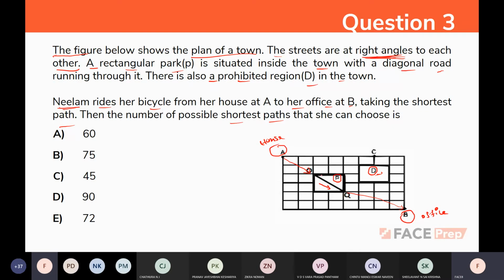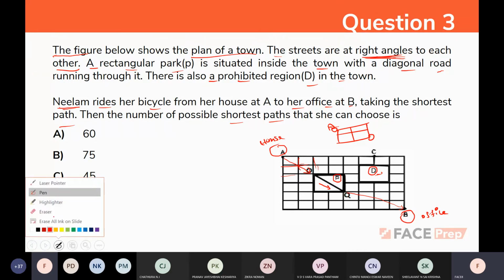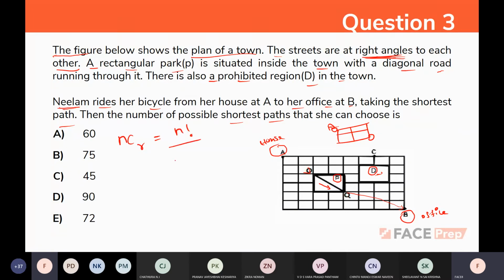But unfortunately they have given a row and column layout. If they give a grid and want us to go from here to here, we need to use the combination rule. Now I will tell you the formula required for this. nCr is equal to n factorial divided by r factorial times (n minus r) factorial.